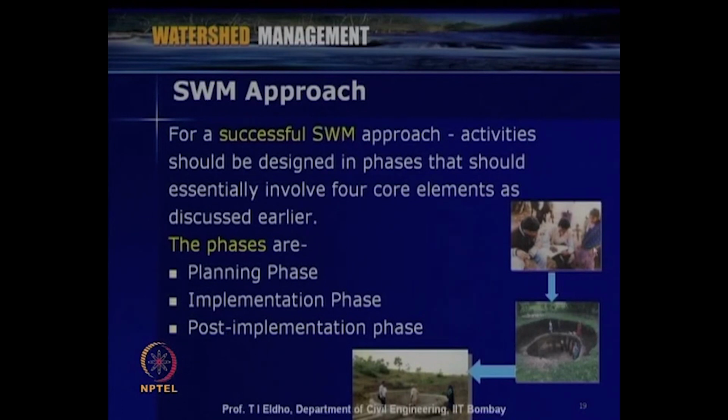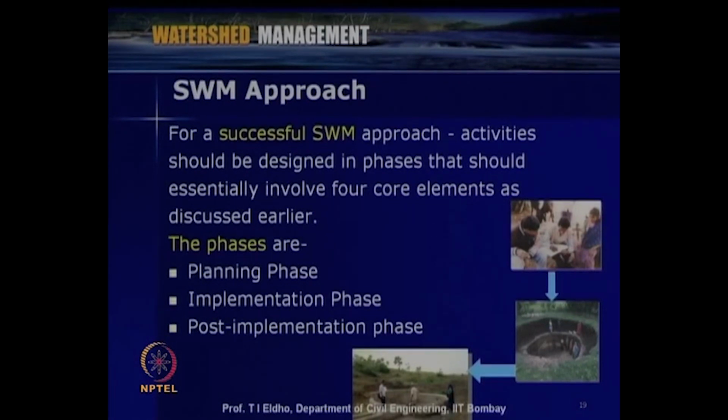Once we make the watershed management plans, we should have better plans, viable plans, economically viable plans. Through people participation and stakeholder analysis we can make the plans. So, the first one is the planning phase. Then once the plans are finalized and chosen according to the priorities, comes the implementation phase.